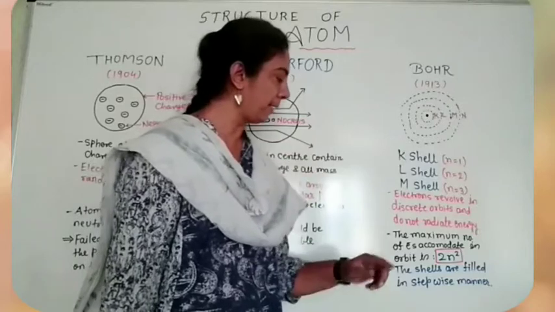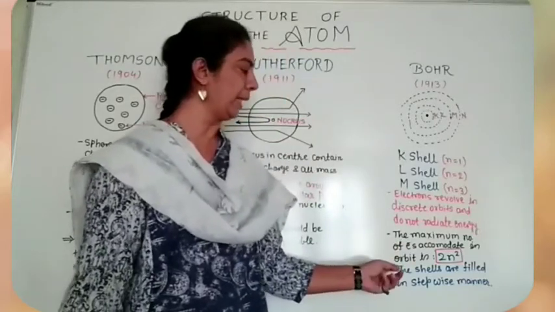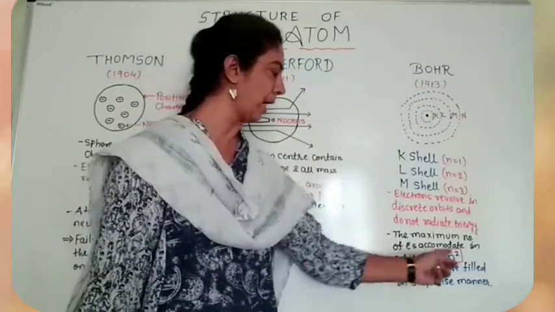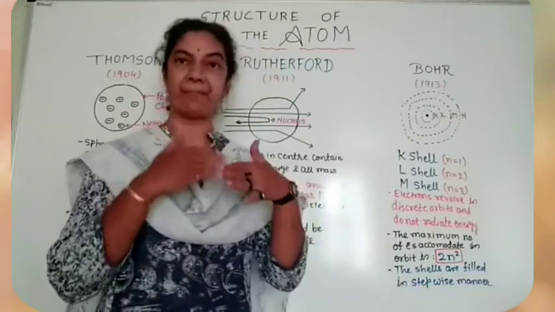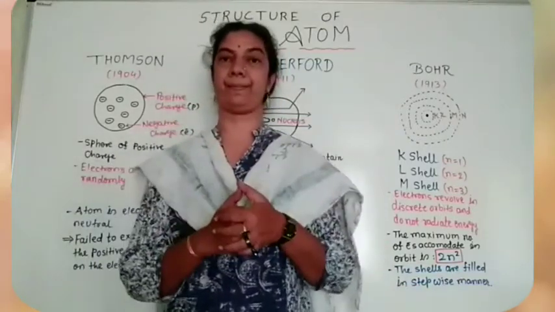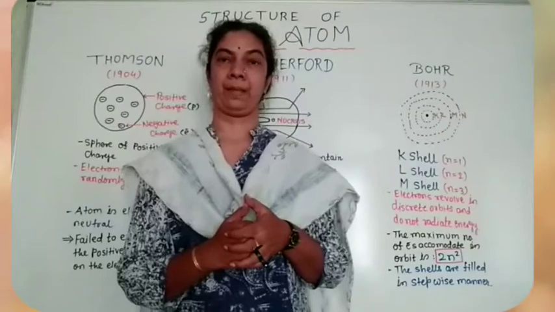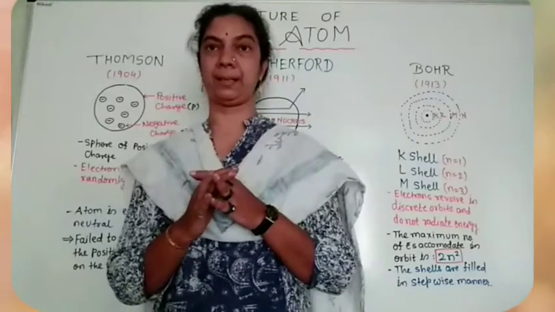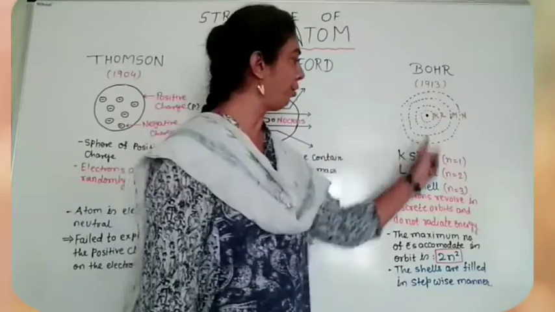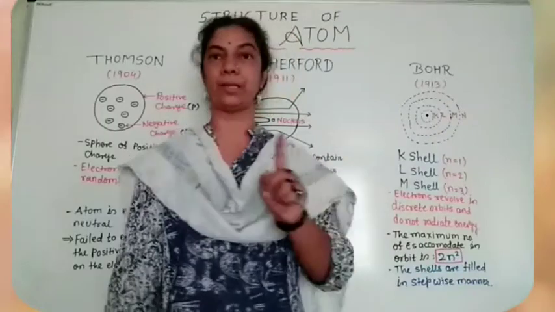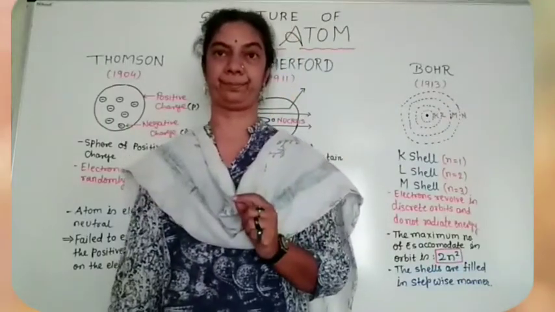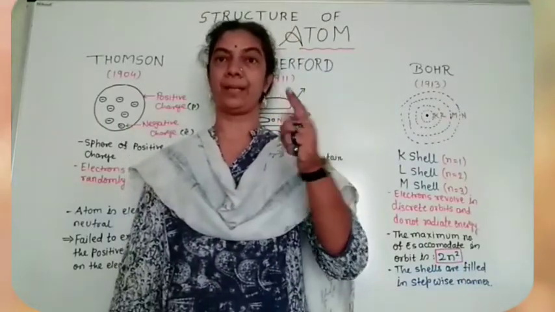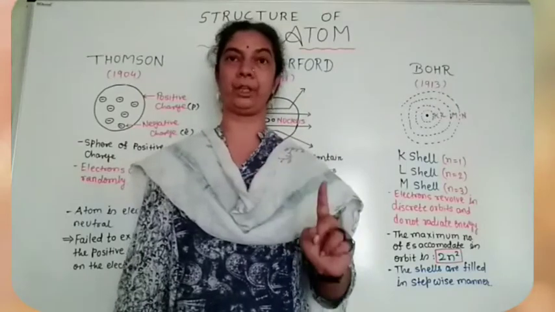The second important conclusion he gave is that the shells are filled in a stepwise manner. It means that for the first orbit, n equals 1. 1 square is 1, multiplied by 2.